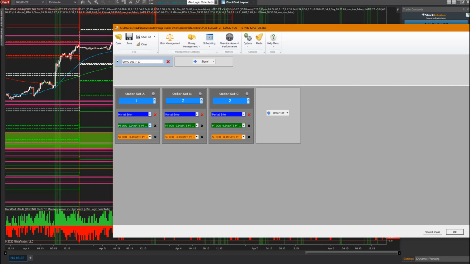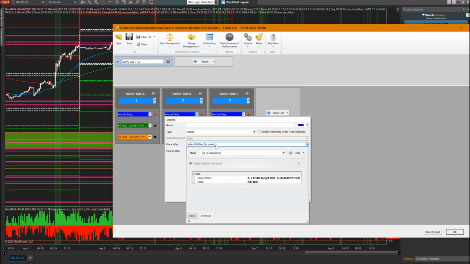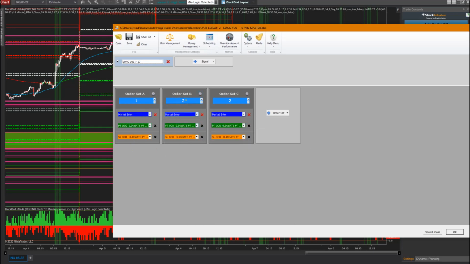If the first contract profit target is reached, then we will go in, if that order A was filled, we will throw in an extra contract and try to reach the second part of that range. So we're only looking for 68% of the range. We're not even looking for 95%.